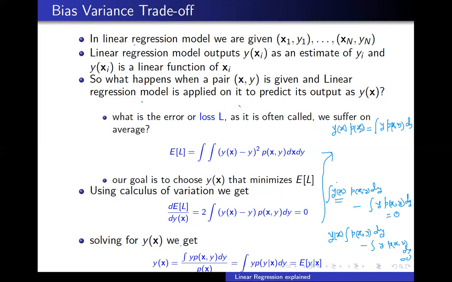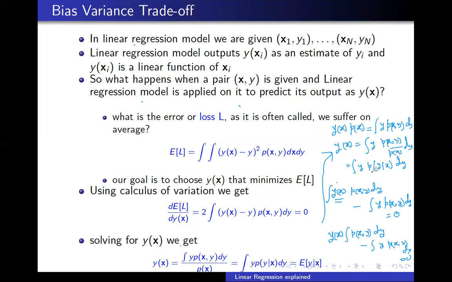Now if we take p of x to the bottom, you'll have y of x equal to y p of xy divided by p of x, dy. So p of xy, the joint distribution, divided by p of x is nothing but the conditional probability. So this is nothing but y times p of y given x dy.